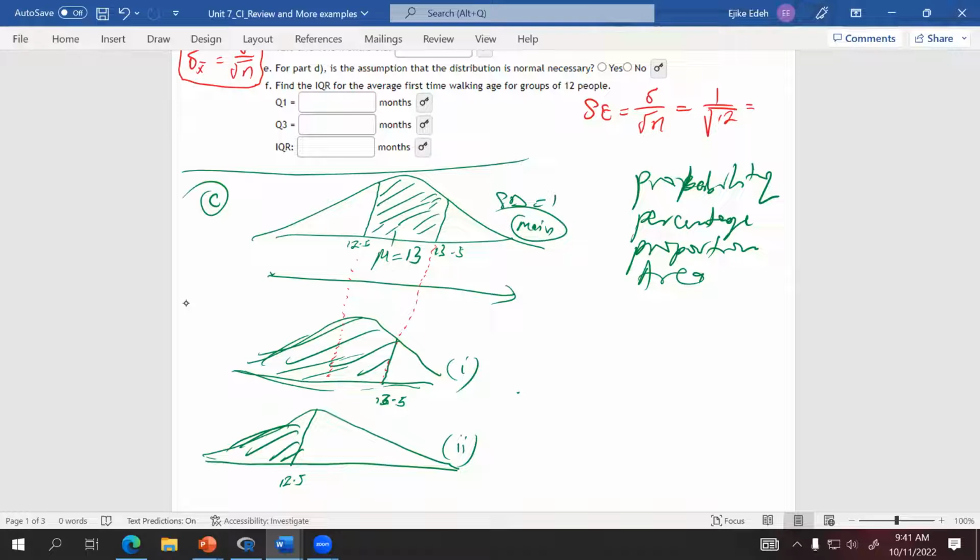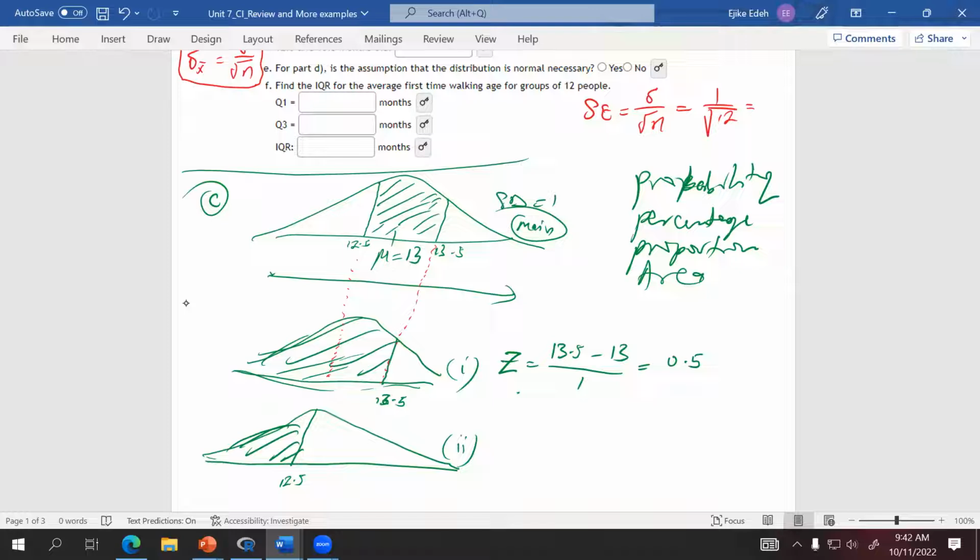So what we simply need to do then is to go to the table, but I can't find this data point. I can't find 13.5 because 13.5 is in months, right? So I want to change these months to Z values, and then go to the table to pick up the actual value, right? For the first part, the Z value for 13.5, given that the mean is 13, divided by the standard deviation of 1, should give us 0.5.